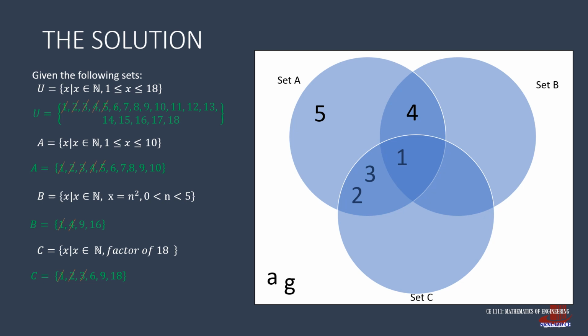For element 6, it is over sets U, A, and C. So it should be located in the AC overlap together with 2 and 3. 7 is also found only in set A, which is a subset of the universal set, so it should be placed at this part of the diagram. Same with 7, 8 is also found only in set A.